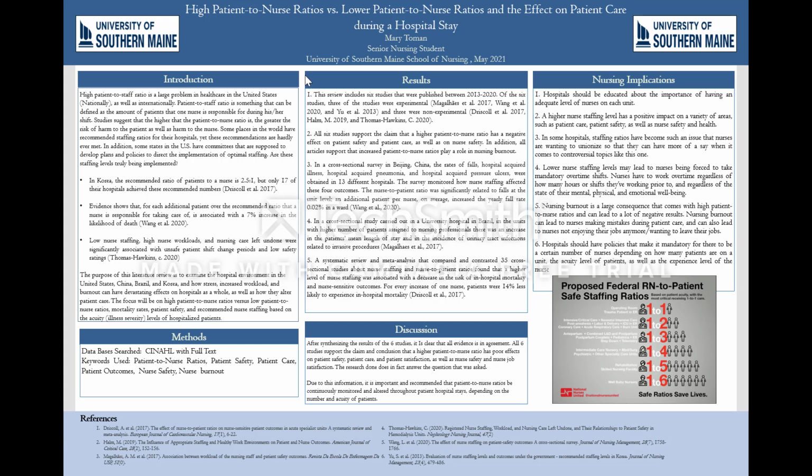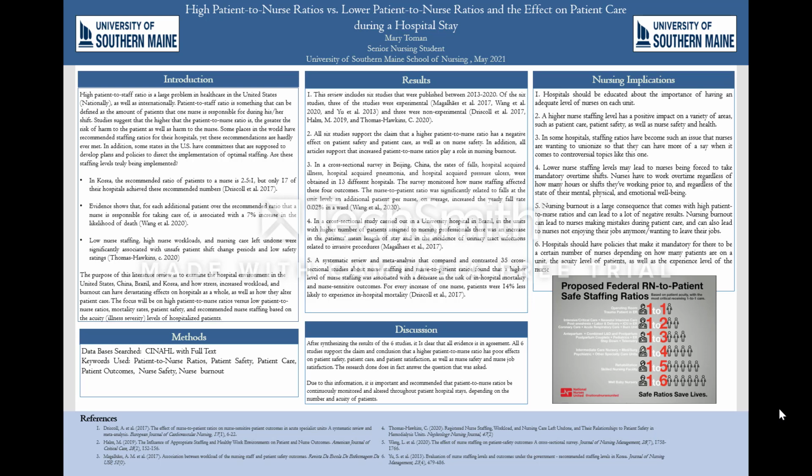The survey monitored how nurse staffing affected these 4 outcomes, and the results showed that a nurse-to-patient ratio was significantly related to the fall rate on each unit. In addition, an additional patient per nurse on average increased the yearly fall rate to 0.02%.